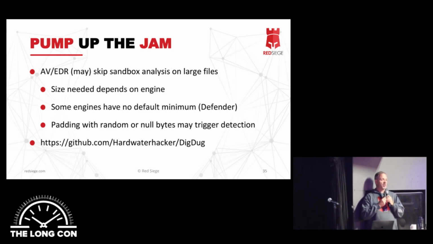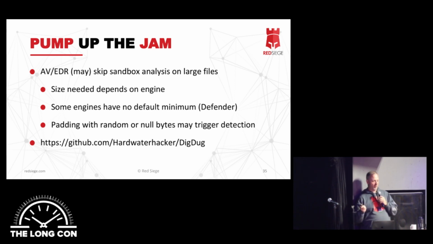So you can just pad your executable with data, whatever that data is. You could pad it with random data or with zeros, and both work. However, because of the entropy problem, you might not want to use random data. There is a program from Matt Eidelberg, who used to be with Optiv and is with Black Hills now.